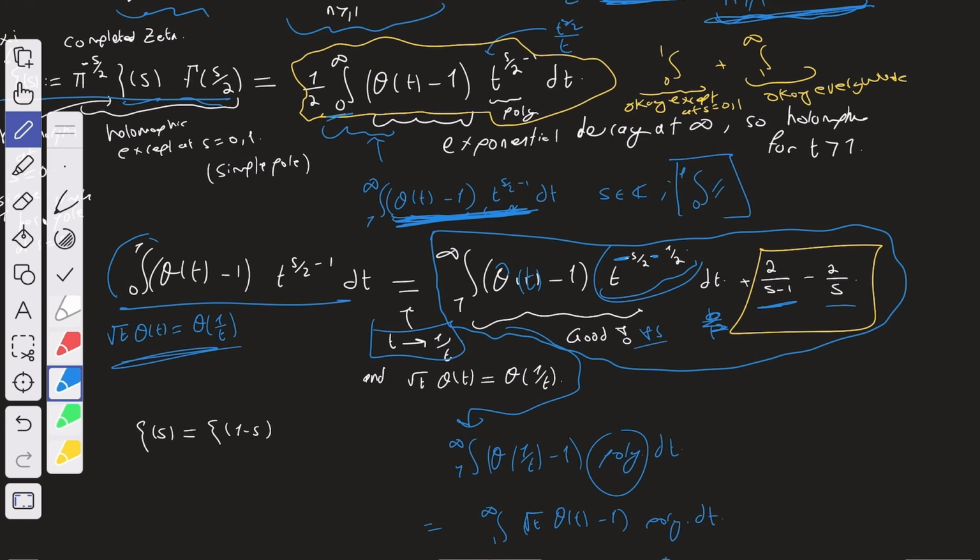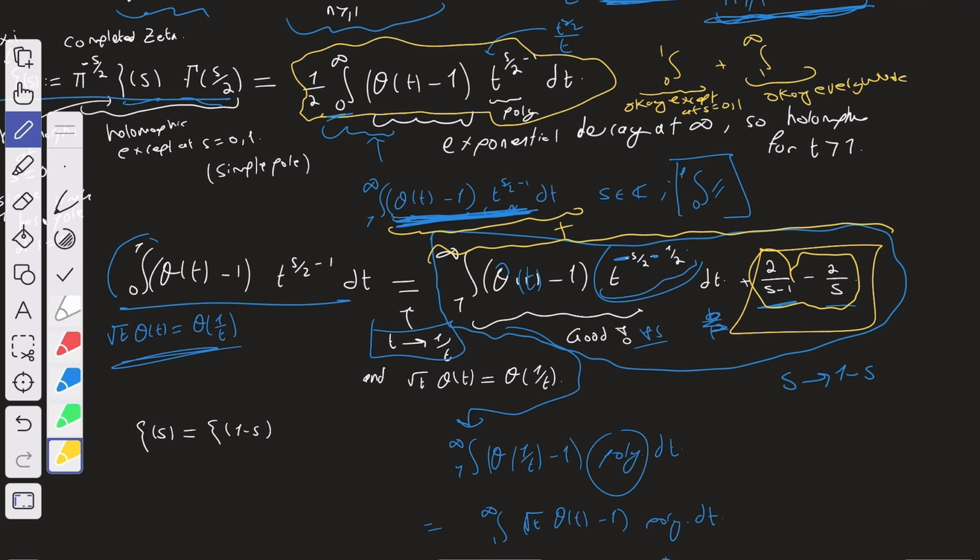So there's a very nice observation now, which is that if you look at the sum of this thing plus this thing, and you send s to 1 minus s, you notice that this doesn't change. This is invariant under the map s goes to 1 minus s, because you see that these two terms remain the same.